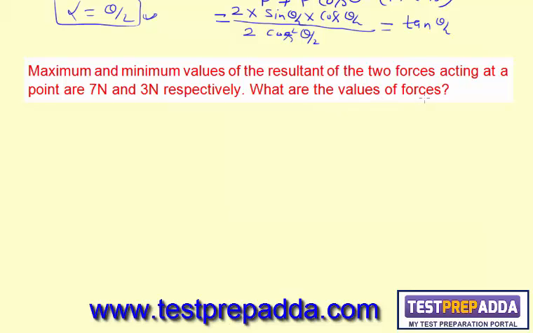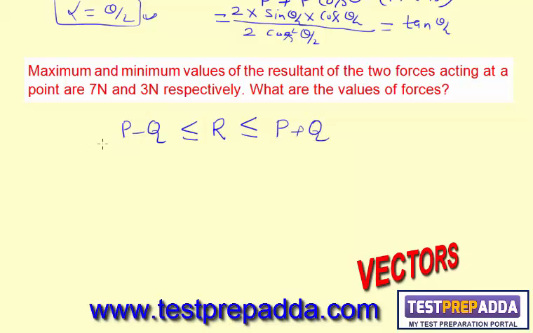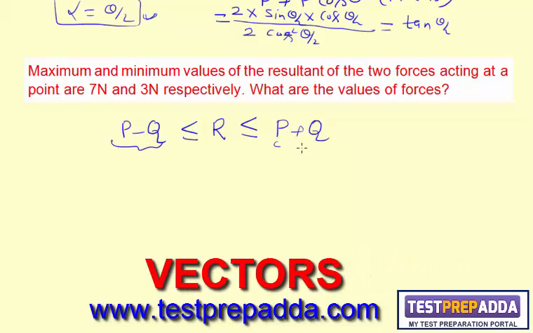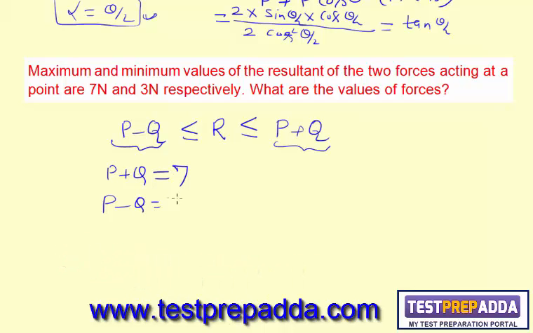If you recall, we have derived that the resultant R will lie between P minus Q and P plus Q. This is the minimum value and this is the maximum value. And maximum and minimum are given here, so I can write P plus Q as 7 and P minus Q as 3.